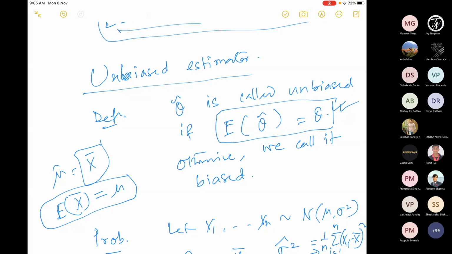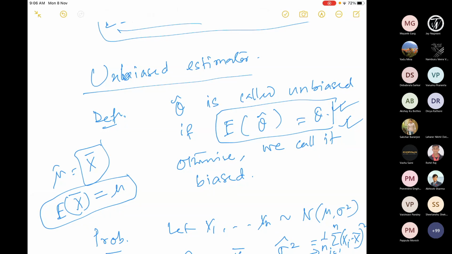You have a guess about the distribution of the population, let's say normal, which has two parameters, mu and sigma. For mu you can find an estimator, and for sigma square you can find an estimator. But you cannot check this because you do not know the value of theta.